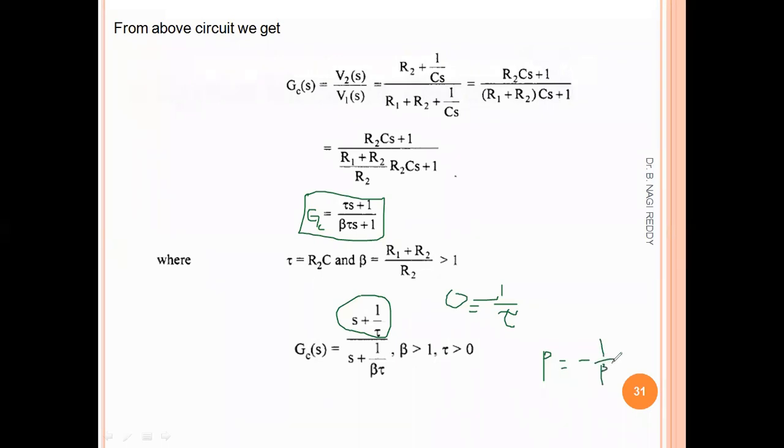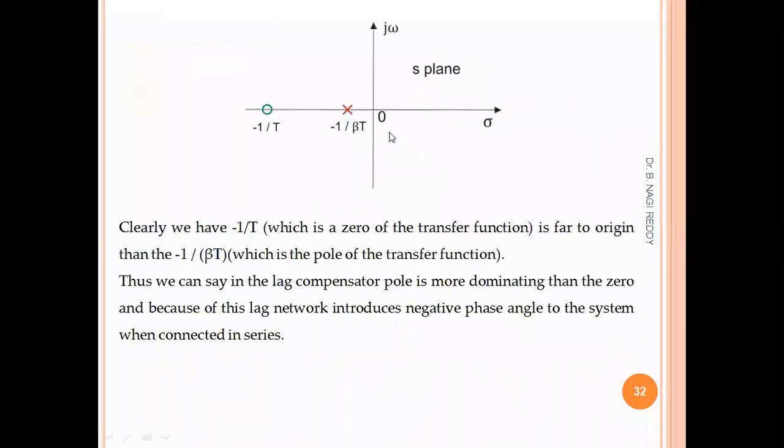Now mark this pole and zero on the S-plane. The graph will be like this. You can see this is the zero and this is the pole. We have the pole at minus 1 by beta tau. In this case, the pole is very near to the origin. Why?